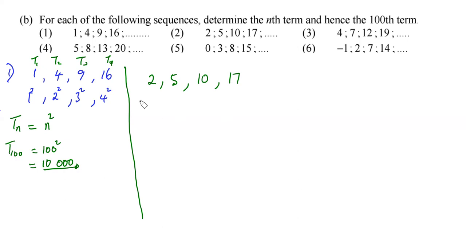If we say 1 plus 2 to the power 0, that's 1 plus 1, we get 2. Then if we say 1 plus 2 to the power 1, we get 3, which is wrong here.